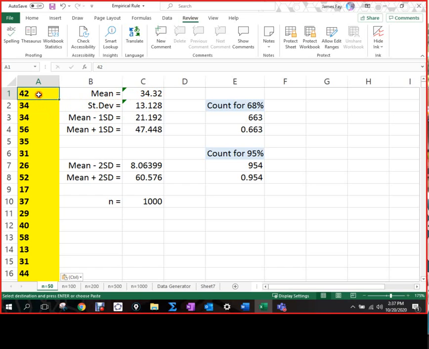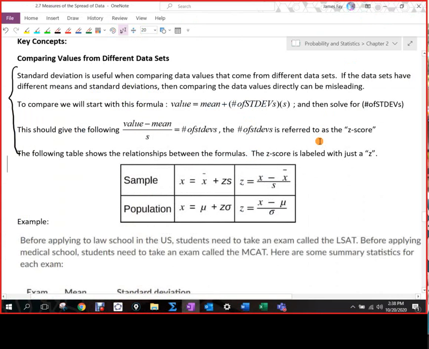This number here would have a greater standard deviation away from my mean. Does that make sense, everybody? So basically the z-score or standard score is going to allow us to determine how far away individual particular values in our data set are from the mean. And that will allow us then to compare things from different populations, which is beneficial.